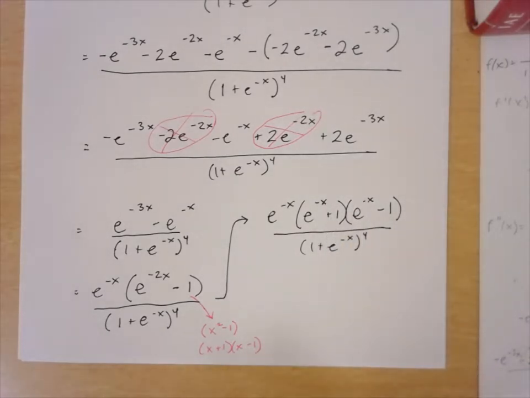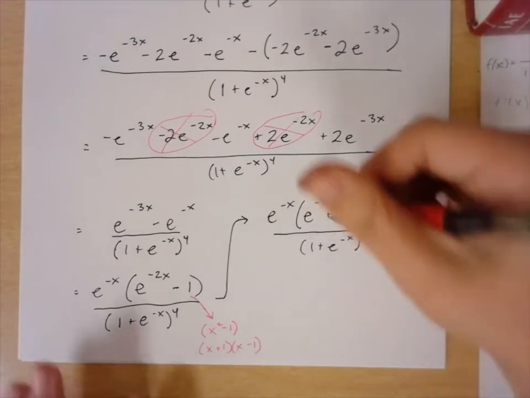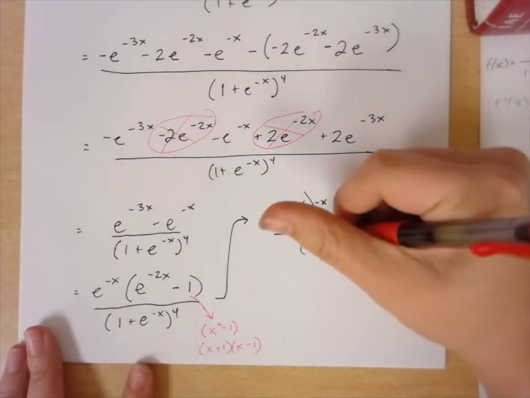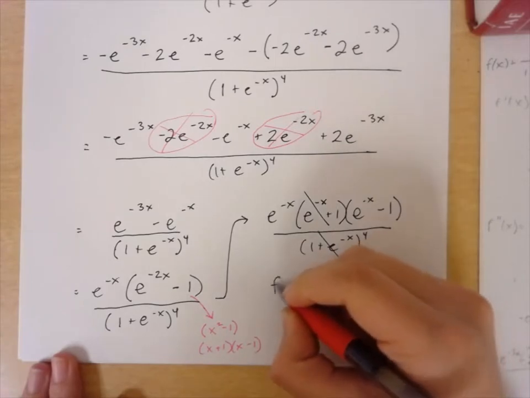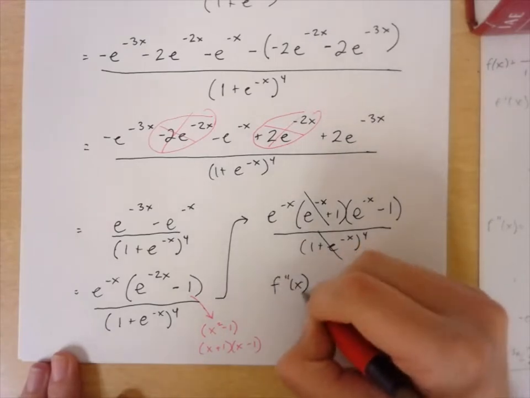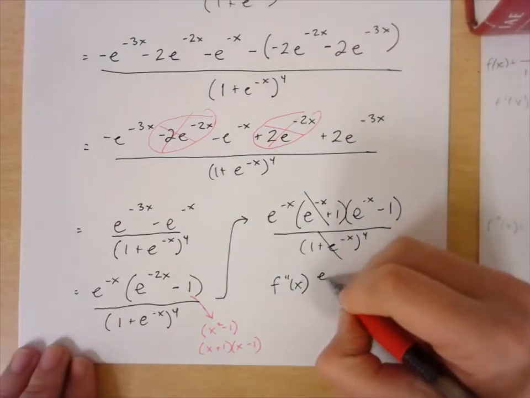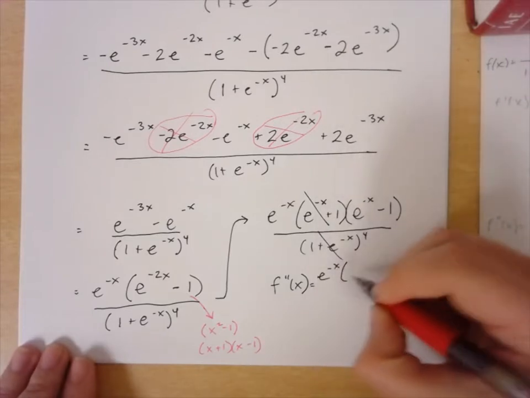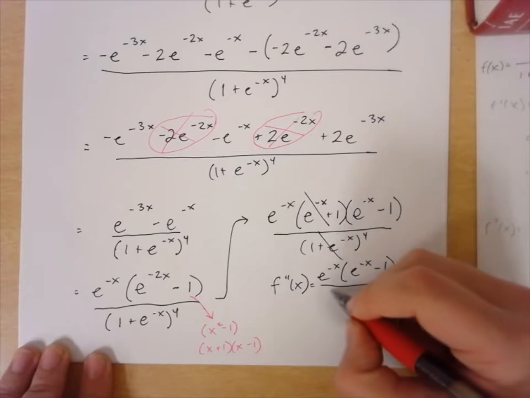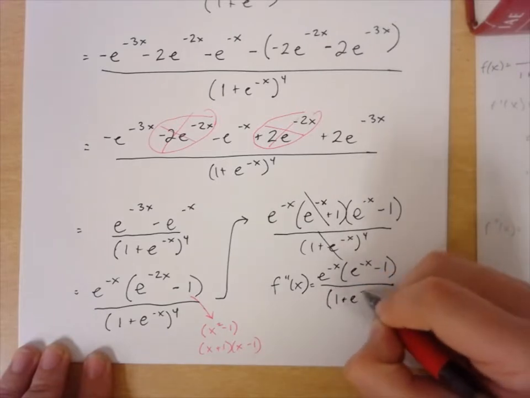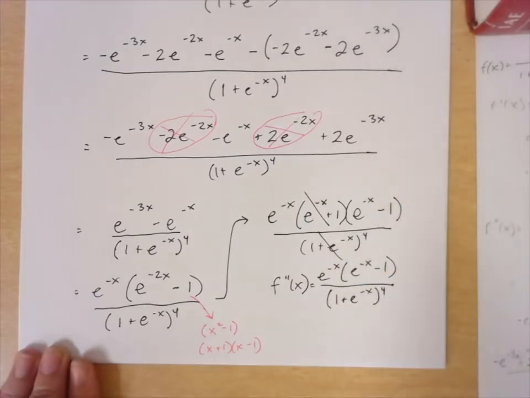And now something really interesting happened. I can cross off one of these from the bottom and the top. And I'm left with, finally, my f double prime of x is e to the negative x outside, e to the negative x minus 1, all over 1 plus e to the negative x to the 4th.